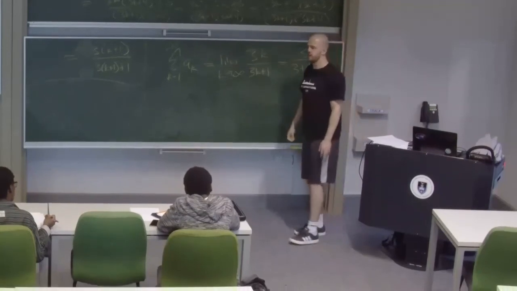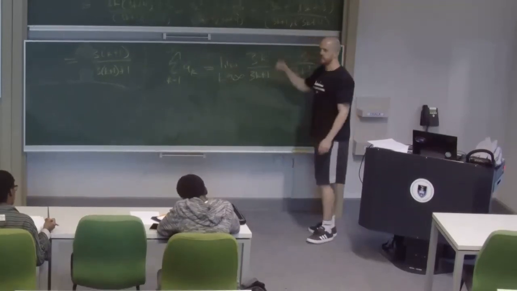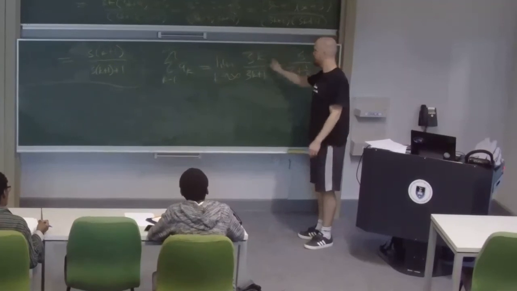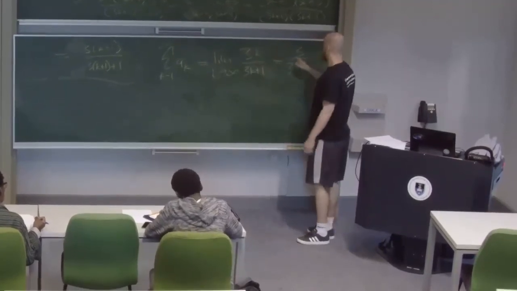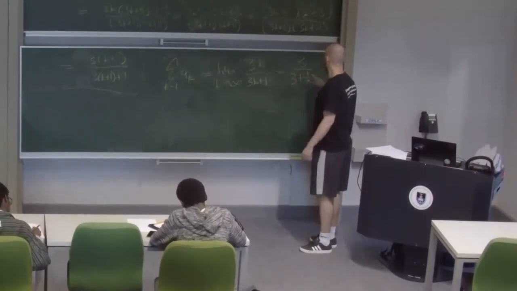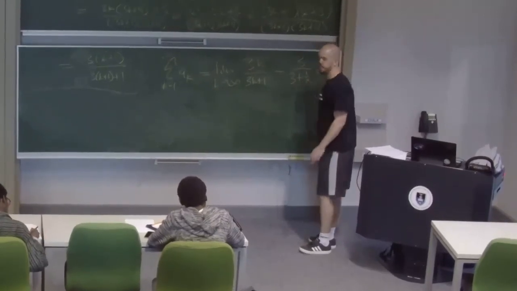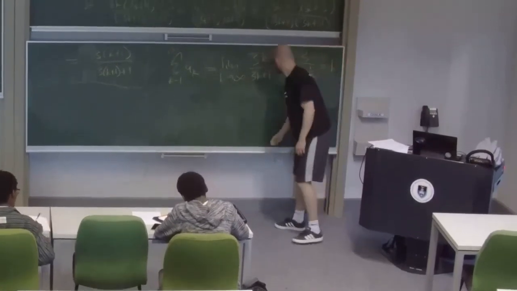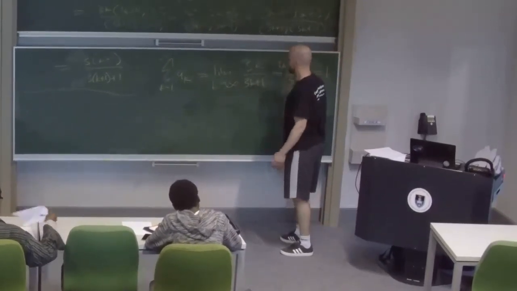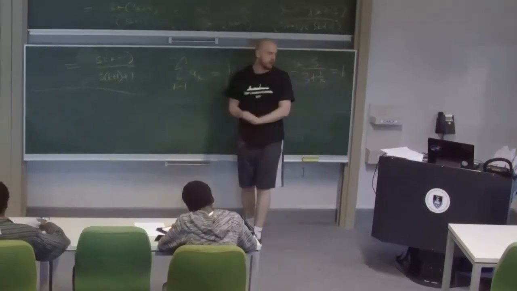I'd rather divide by the highest power of k and take the limit as it goes to 0. This goes to 0, so you get 1. I should probably have a limit here.